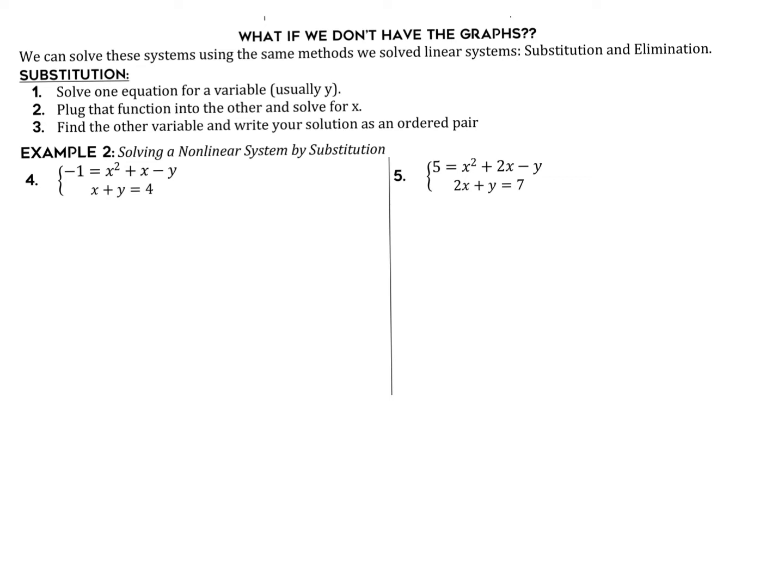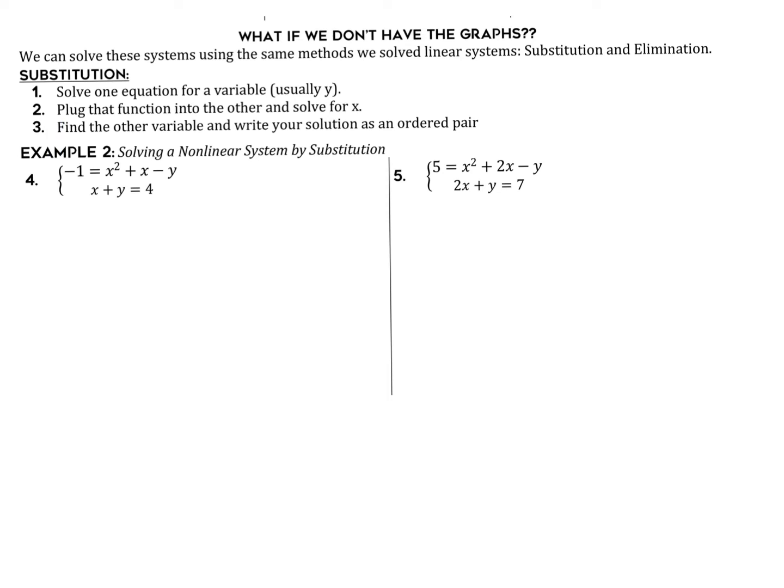Most of the time when we're talking about quadratics and/or circles in a system with lines, we're going to isolate y. So the very first thing we're going to do is solve one equation for a variable, usually y. We're going to plug that into the other equation and solve for the remaining variable, usually x. And then once we find x, we can work backwards to find our other variable, y, and still write our answers as ordered pairs, just as we did on the examples where we identified from a graph.